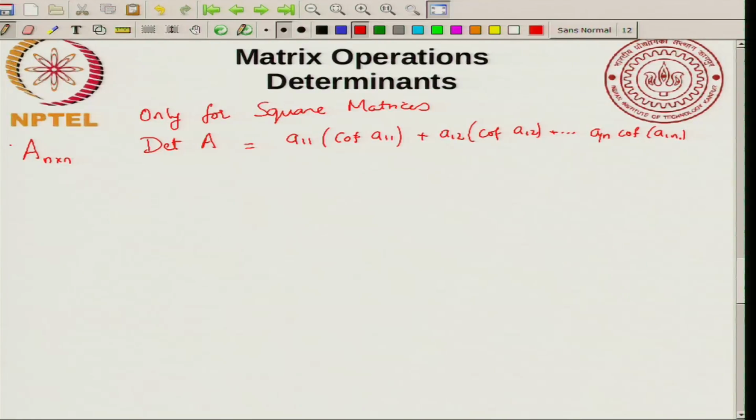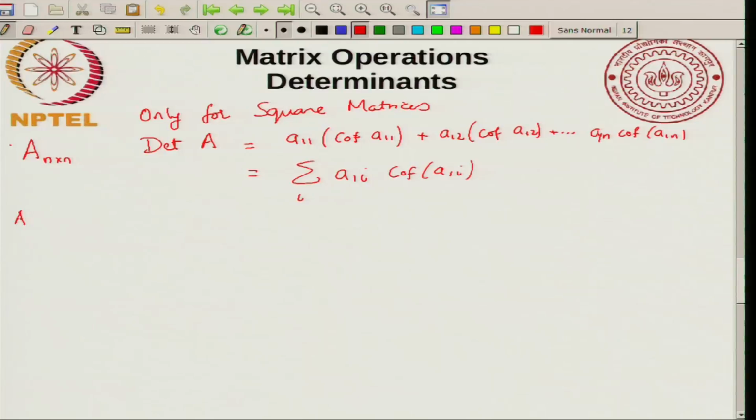I will just explain what this is. To motivate the determinant, I can write this in general as the sum over i of A1i times cofactor of A1i. I will come to what the cofactor is, but just to initiate the discussion, suppose you have a 3 by 3 matrix.